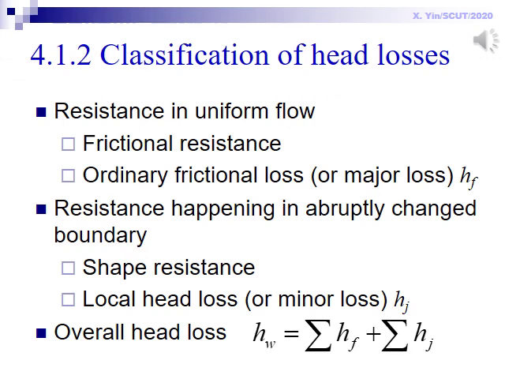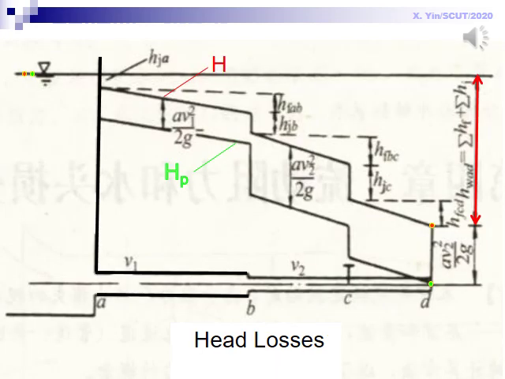In general, major head loss is denoted by HF, while minor head loss by HJ in our course. For a flow bridge, total head loss is the sum of all major head losses and minor head losses on the bridge. Look at the picture.